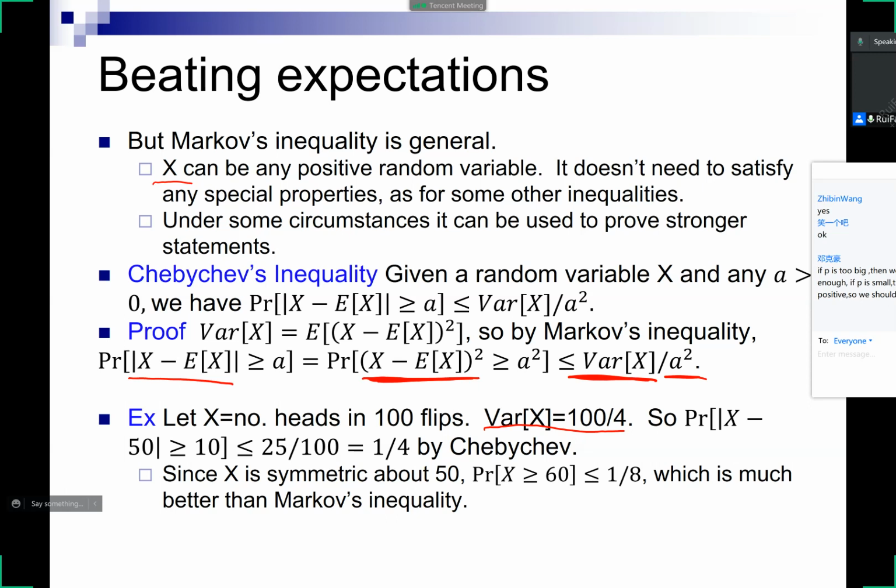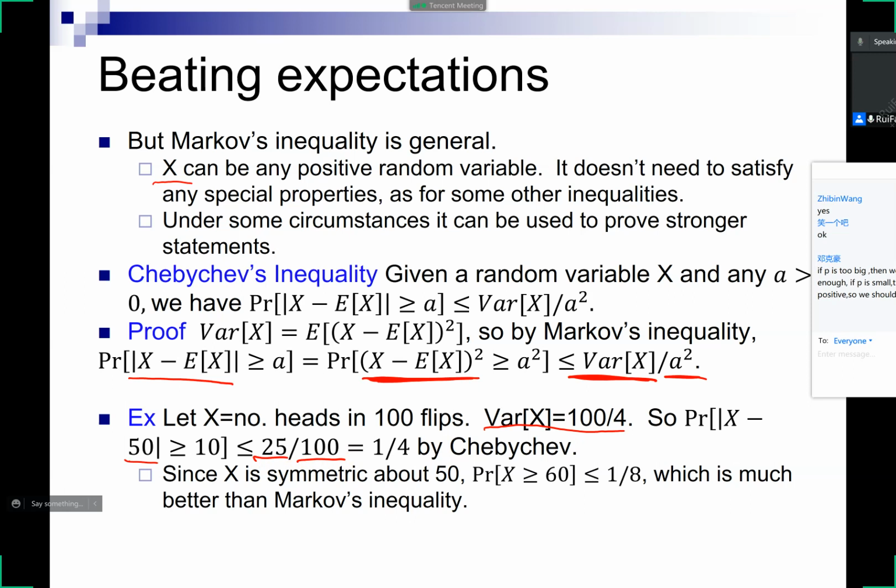Now you can apply Chebyshev's inequality, and you can say that the probability that x differs from its expectation by more than 10, either in the positive or negative direction, so either you're getting more than 60 heads or less than 40 heads, is at most the variance divided by a squared. So this is going to be 1/4 by Chebyshev's.